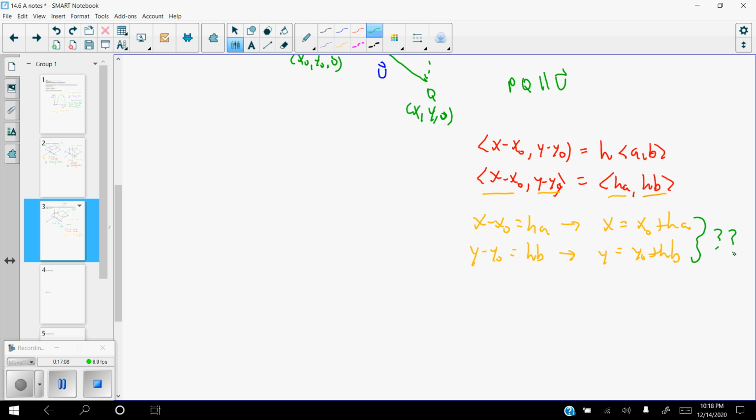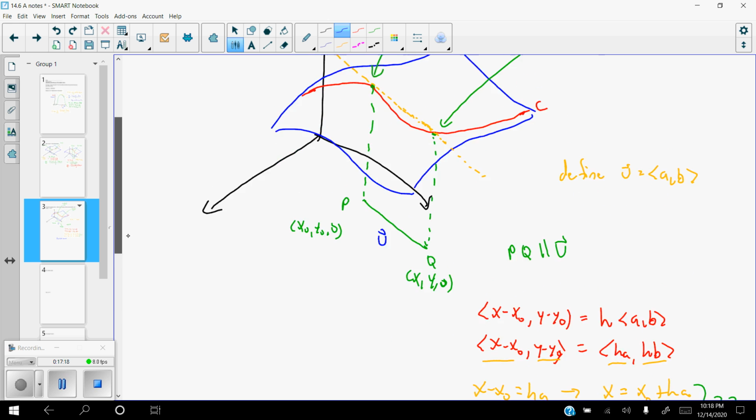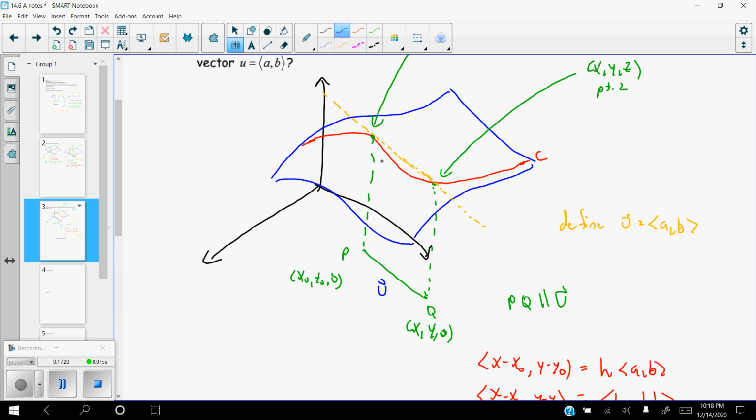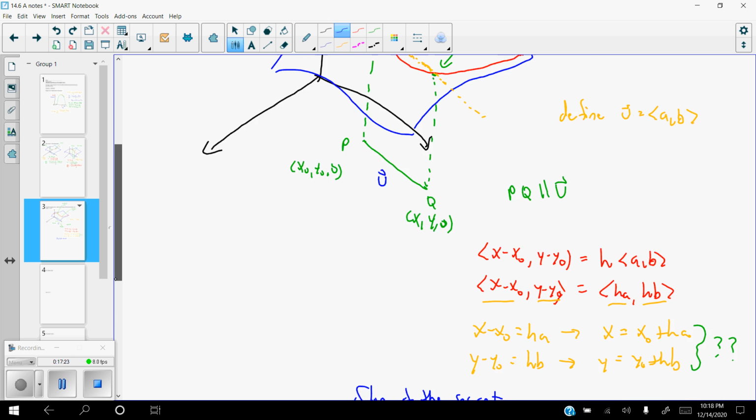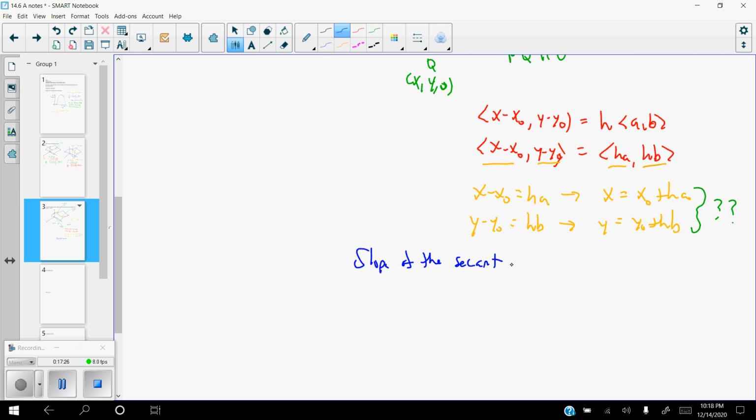I can say definitively that the slope of the secant, which we did create, the slope of the secant, which was kind of the orange up here, the slope of the secant is the change of z over the length from point 1 to point 2. So it's divided by the length from point 1 to point 2.